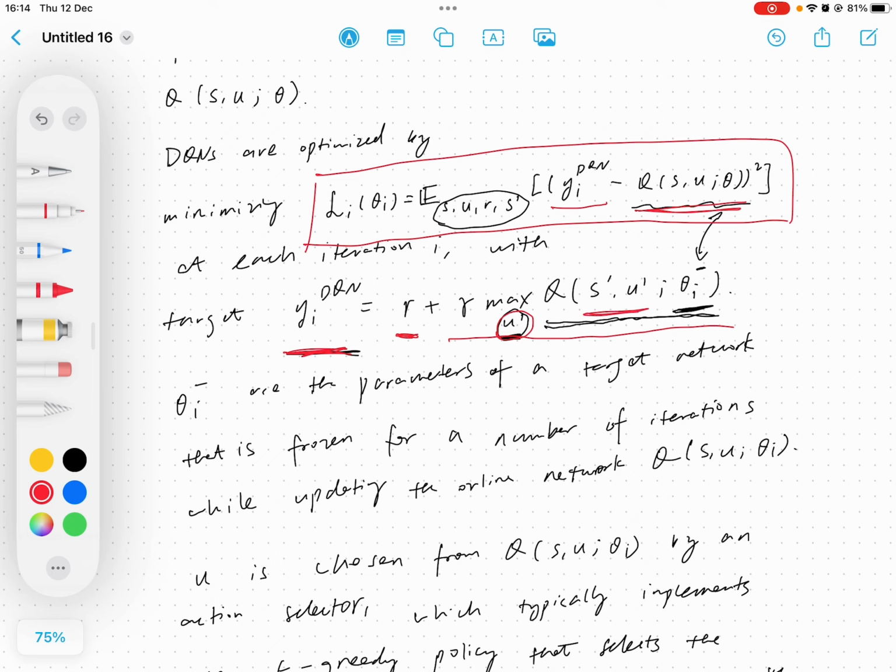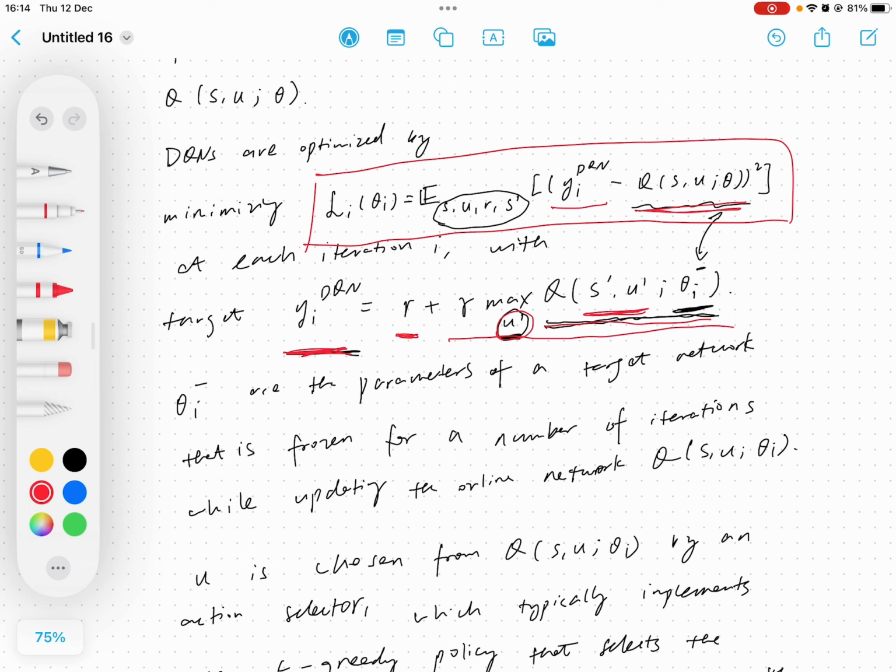If we have those u prime, s prime values, they help us calculate the value that maximizes the Q function one step ahead. That helps us derive this target value, this label, to calculate the difference, or the loss.